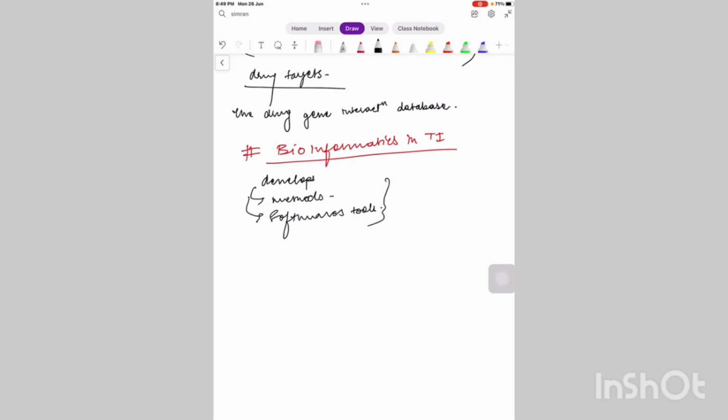So it is used to search a gene sequence. एक gene sequence के search में use कर सकते हैं, to analyze this gene sequence, so search भी कर सकते हैं, analyze भी कर सकते हैं.